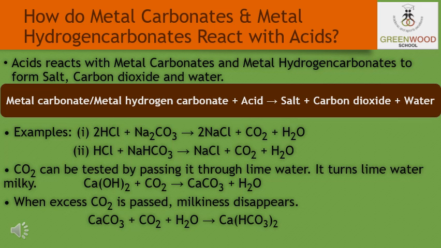When the carbon dioxide is passed through the lime water, it turns the lime water milky, thus forming the calcium carbonate. When the excess of the carbon dioxide is passed, the milkiness of the lime water disappears.